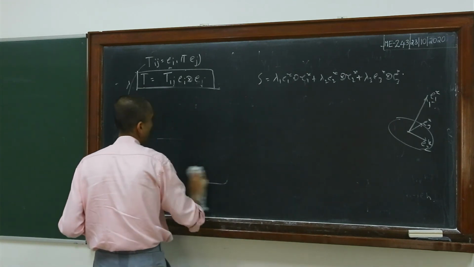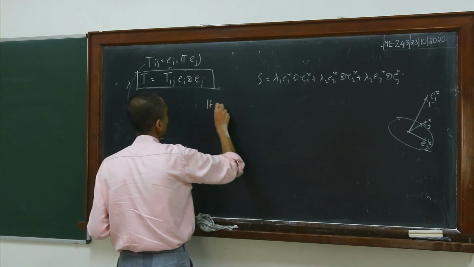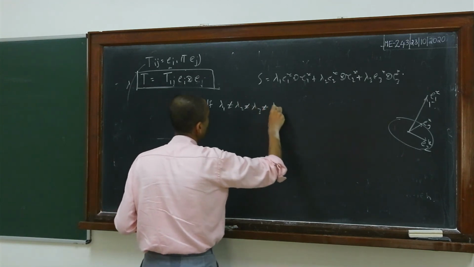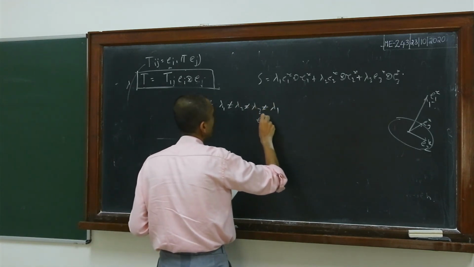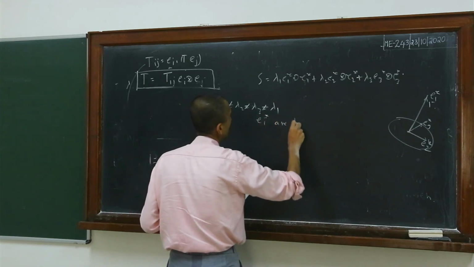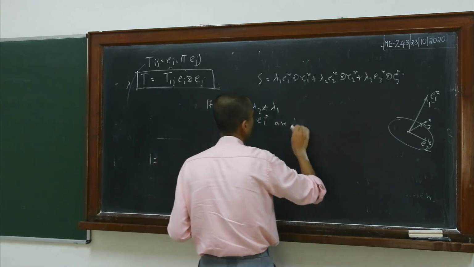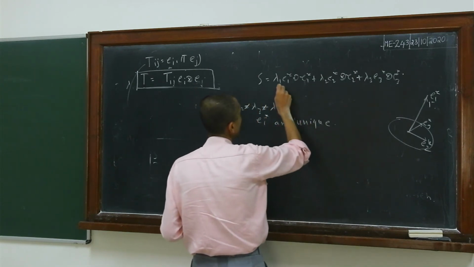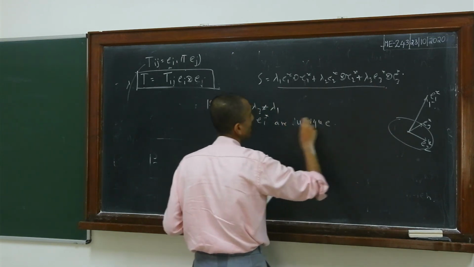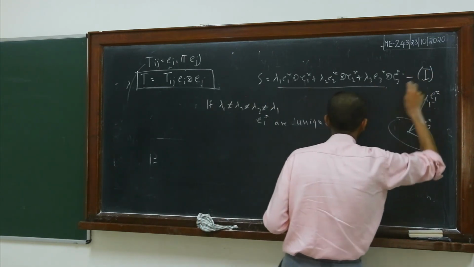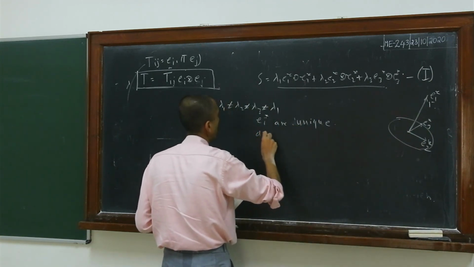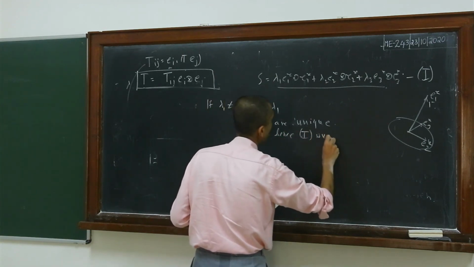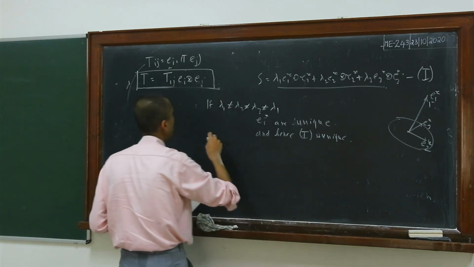If lambda 1 is not equal to lambda 2, not equal to lambda 3, not equal to lambda 1, then the Ei star are unique, not just distinct but unique, and hence this spectral decomposition, let me call it 1, is unique. This is your first case.